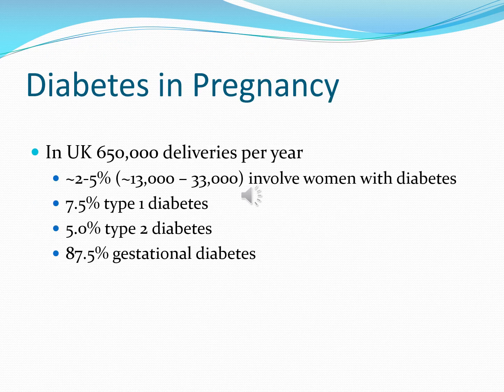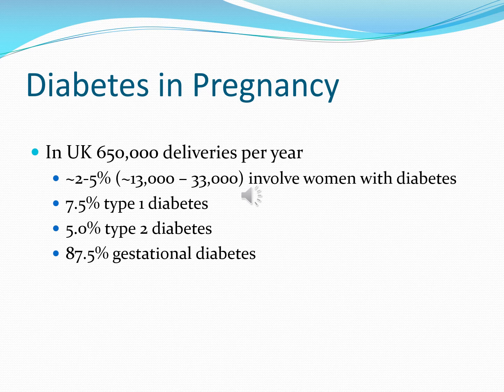So we'll have a few slides looking at diabetes in pregnancy. And this is defined as gestational diabetes. So in the UK, there's about 650,000 deliveries per year. Now, about 5% of those patients will involve women who are diabetic.